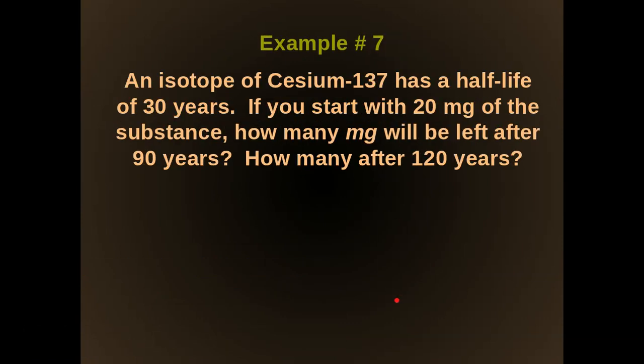So our first half-life example, it says an isotope of cesium-137 has a half-life of 30 years, which means every 30 years, the starting amount gets cut in half. If you start with 20 milligrams of the substance, how many milligrams will be left after 90 years? And how many will be left after 120 years? So thinking about the half-life formula, our rate is always 0.5 with half-life.